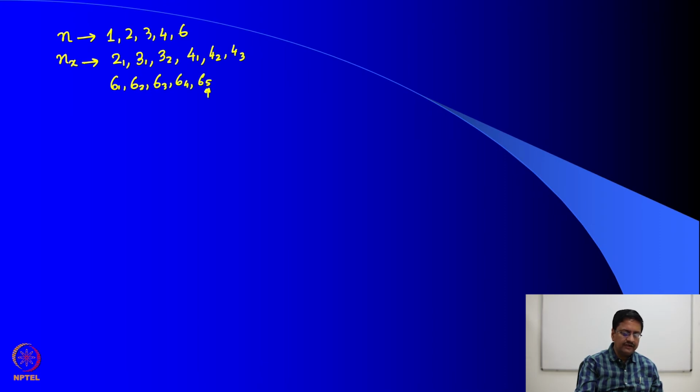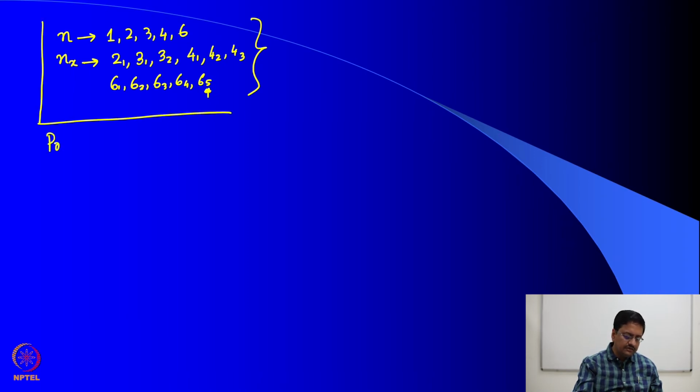Here remember this 5 means 5 by 6 translation, it is not an axis. So because of these restrictions, that there cannot be a symmetry axis like n equal to 5 or 8 or whatever, the total number of point groups in X-ray crystallography is restricted to 32.